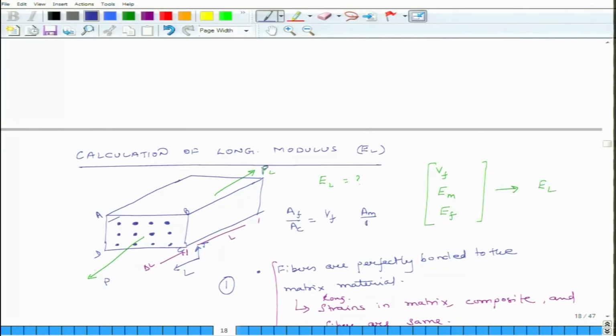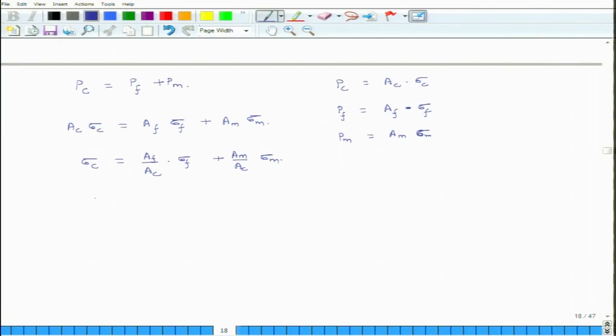AM over AC will be volume fraction of matrix. So, I put these results in my equation back there. So, I get sigma C is equal to Vf sigma F plus Vm sigma M. Again, I am assuming that there is not a lot of air in the system.